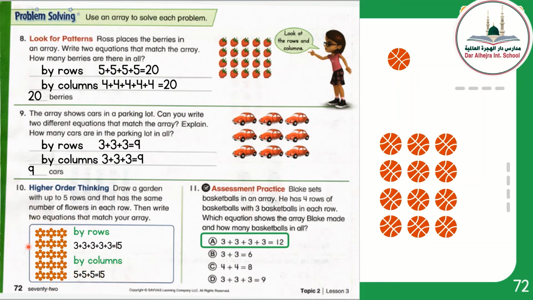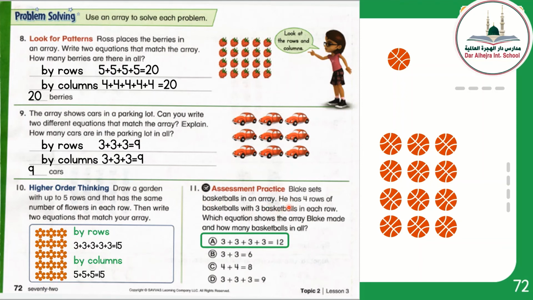I can even add more columns, because they asked for a fixed number of 5 rows but haven't specified the number of columns, so I can make it more or less if I need to. But every time I need to write the equation by looking at my array by rows and by columns.